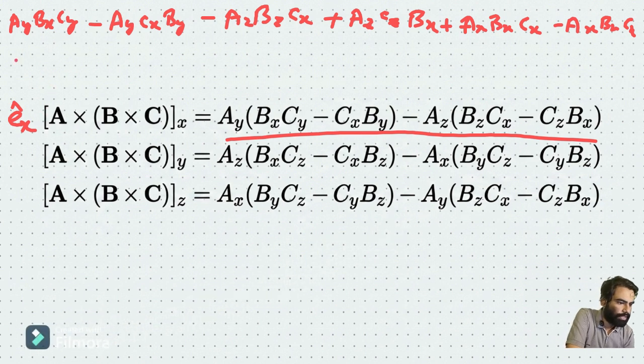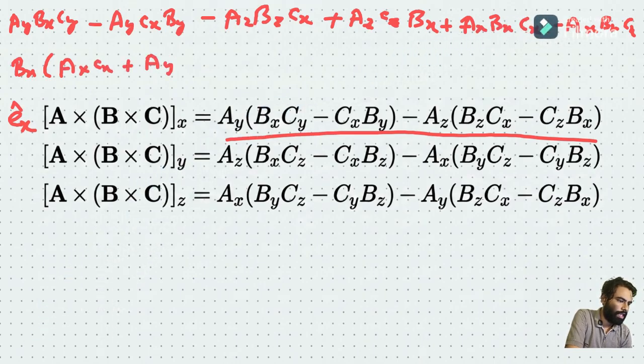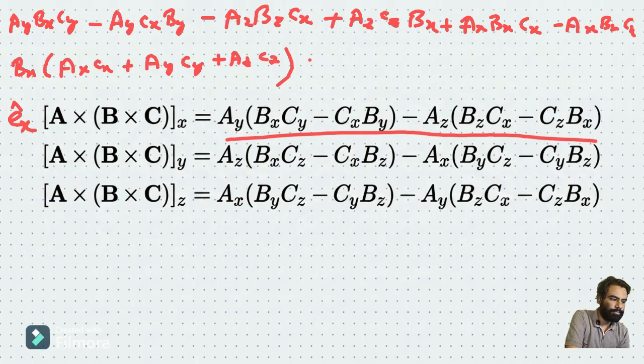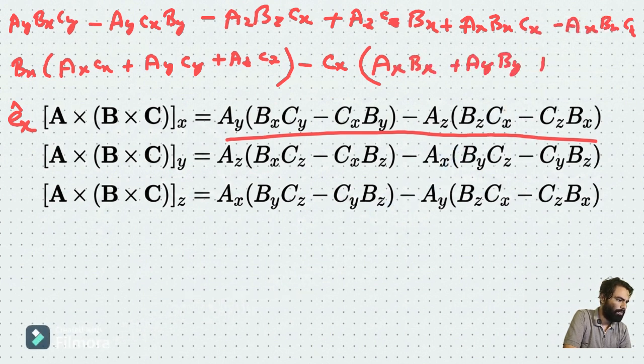We can simplify this by taking BX as common, and we'll get AX CX plus AY CY plus AZ CZ, minus, you can take CX common now, and then you will get AX BX plus AY BY plus AZ BZ.